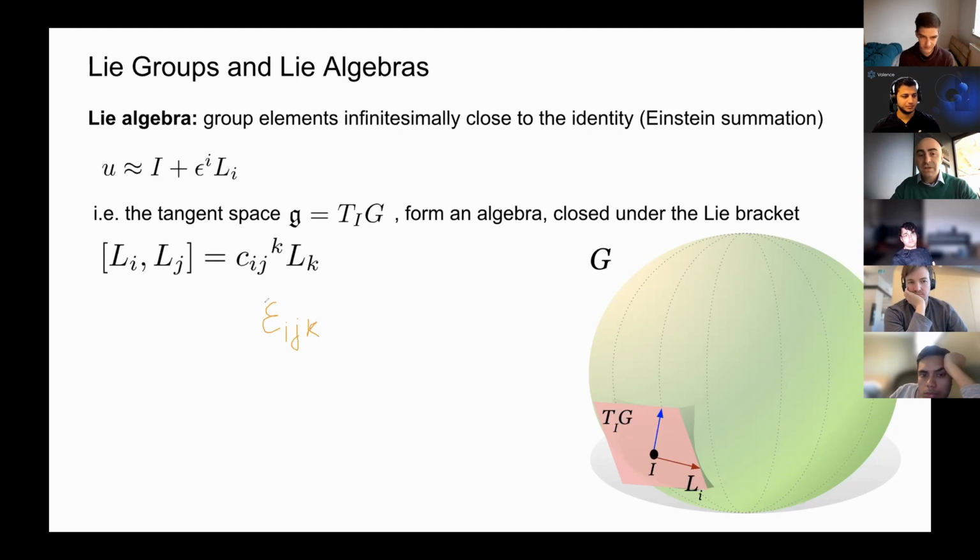These are called the Levi-Civita pseudotensors. So essentially, this has the property that epsilon 1, 2, 3 is 1. And then if you permute any 2 indices that are next to each other, you get a -1. So epsilon 2, 1, 3 is -1.